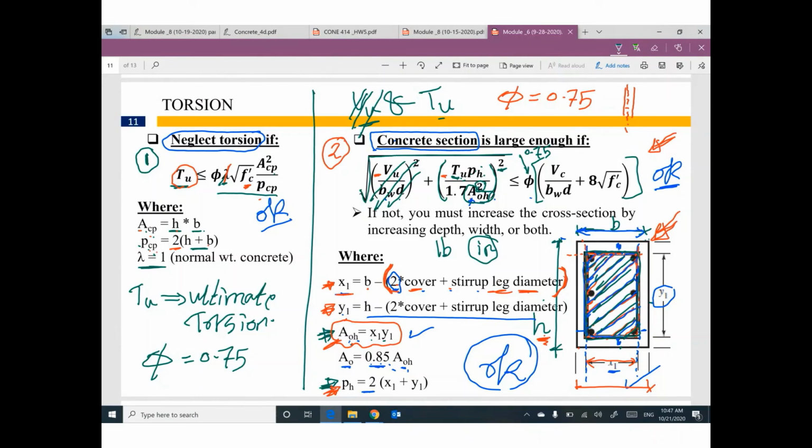On the other side, Vc must be in pounds. T, d in inch, f prime c in psi. So I can decide whether the cross-section of the beam is enough or not enough based on this relationship.